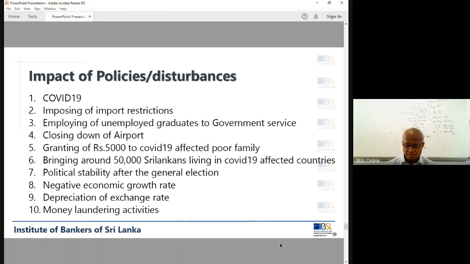Dried fish, we are not self-sufficient in dried fish. Chilies, coriander, lots of food items are imported, right?